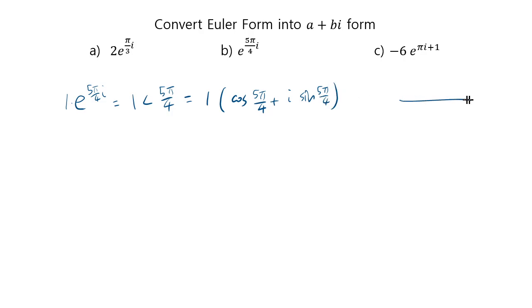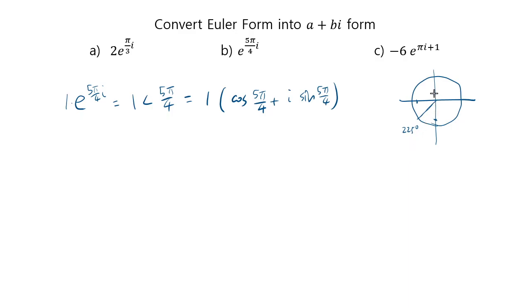And if you go to the unit circle and draw this 5 pi over 4, which is 225 degrees, over there the x and y coordinates are both negative, and they are both the same, right?